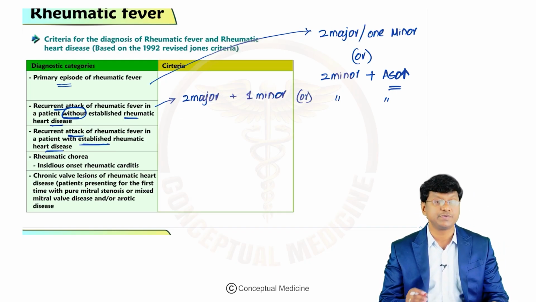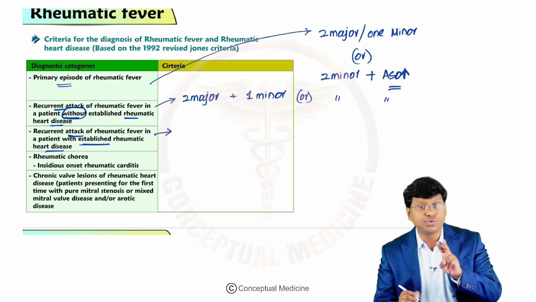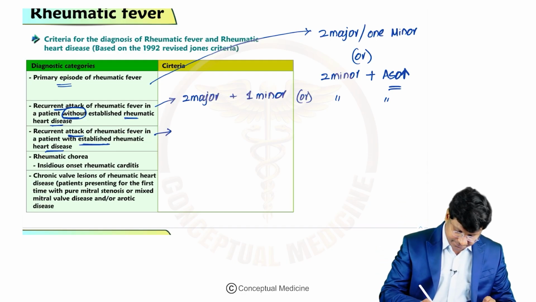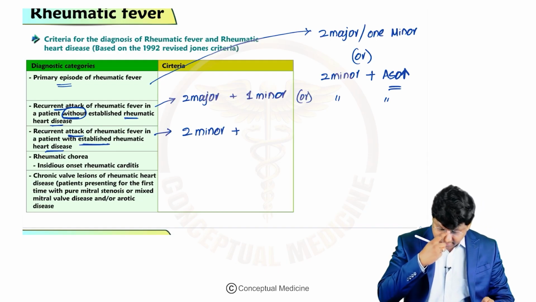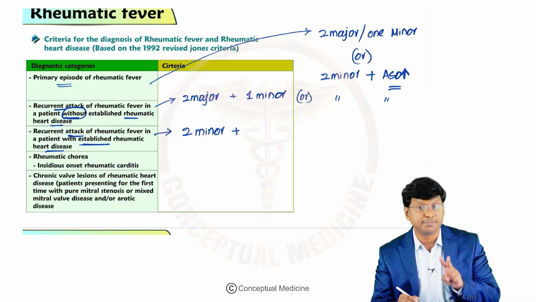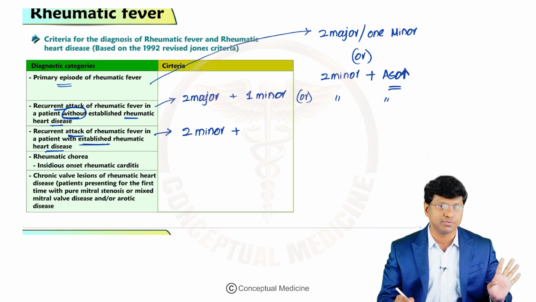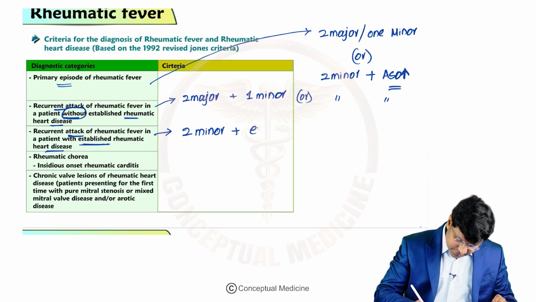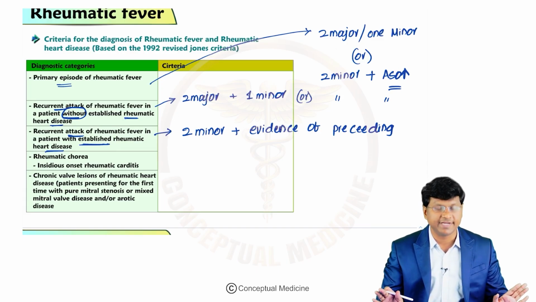In this scenario, two minor manifestations plus evidence of preceding group A beta-hemolytic streptococcal infection.